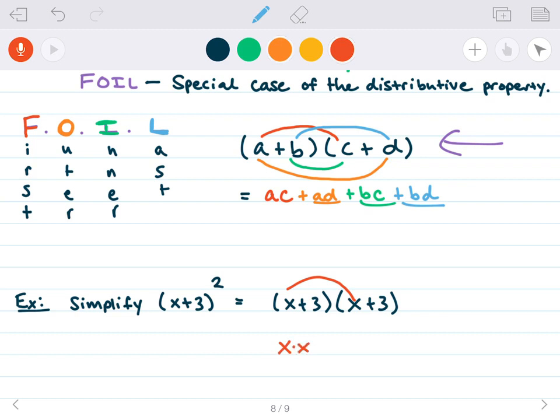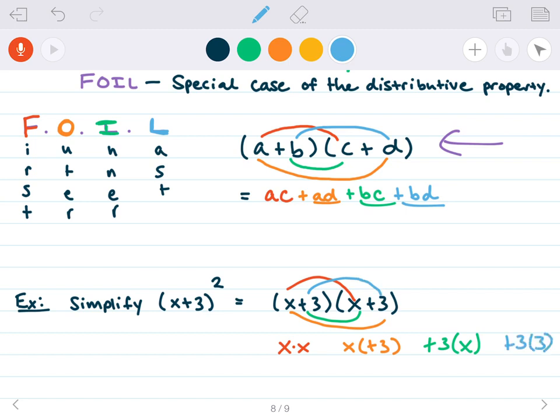Outer is going to be x times positive 3. Inner is going to be positive 3 times positive x. And last is going to be positive 3 and positive 3.